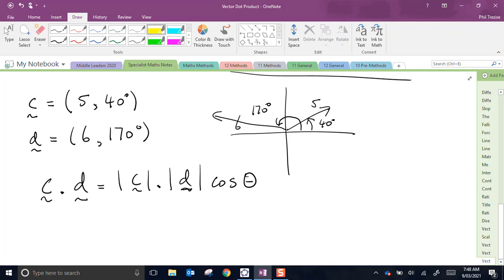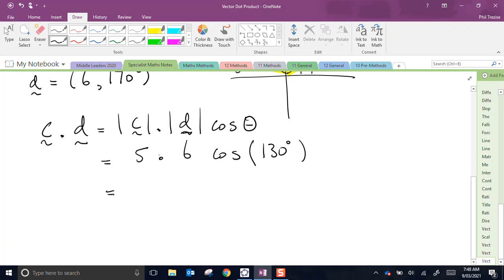So if I just highlight here, the smaller of the two angles between the vectors is there. Now I already have the length of C, that's 5, and I have the length of D, that's 6. Now what's the angle between these vectors? Well, if we subtract 40 from 170, we have 130 degrees.